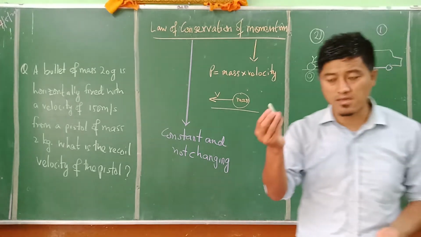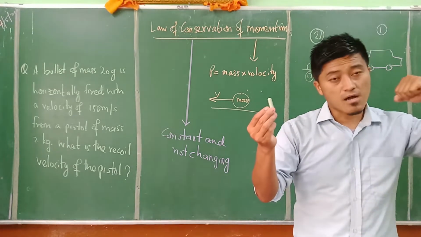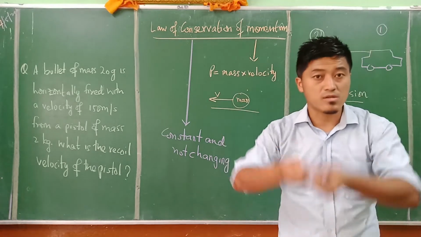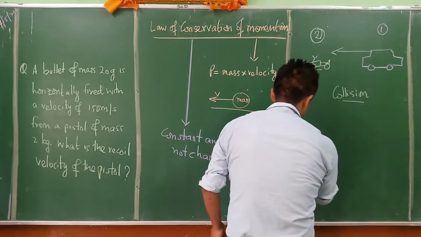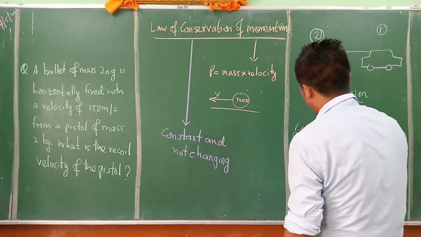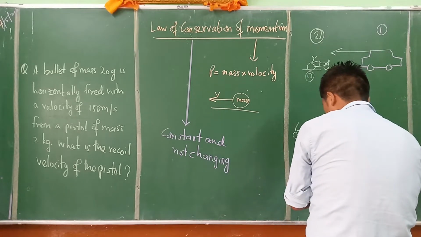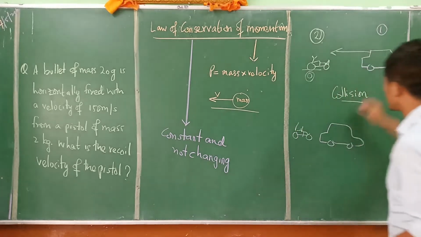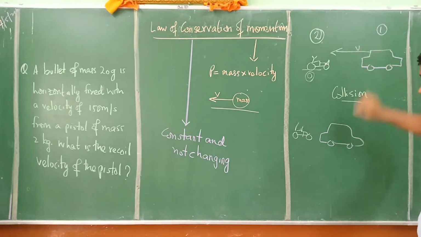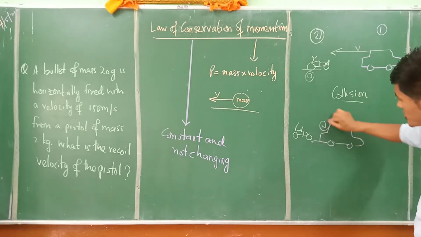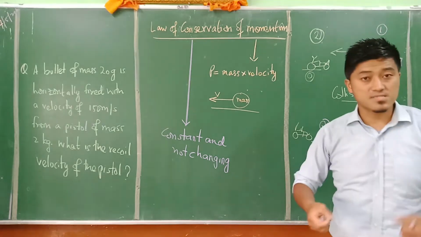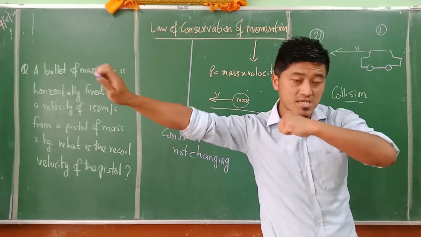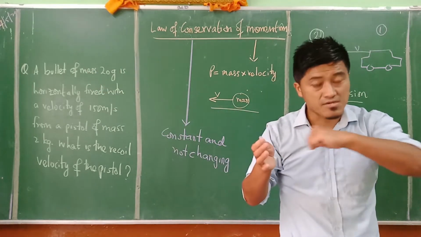After hitting, the bike is going to be thrown away, and the car has a velocity which is lesser than before. Why? Because the car collides with the bike, and the bike is thrown away with more velocity, whereas the velocity of the car gets reduced.